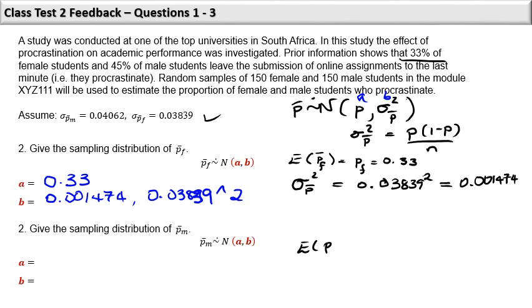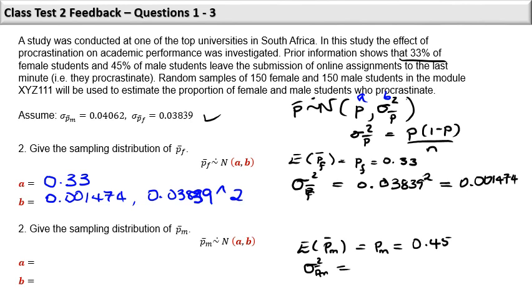So we can do the same thing for male, and we know that for male the expected value of the proportion P bar male is nothing but P male, and in the question we have been given that this is 0.45, and then the standard error squared of P bar male.